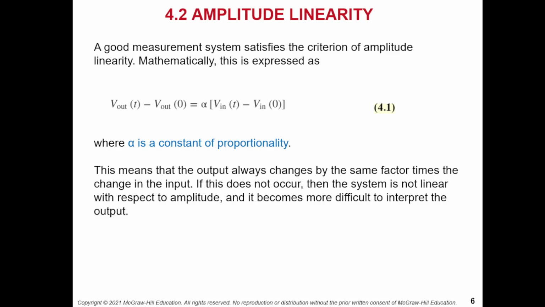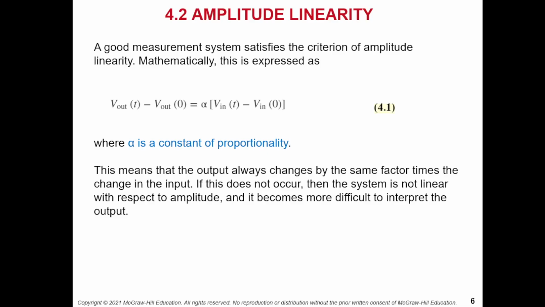And the output difference will be proportional to the input difference. So this is the input at one second minus the initial input. As long as alpha is constant, then we say this system is a linear system in amplitude.